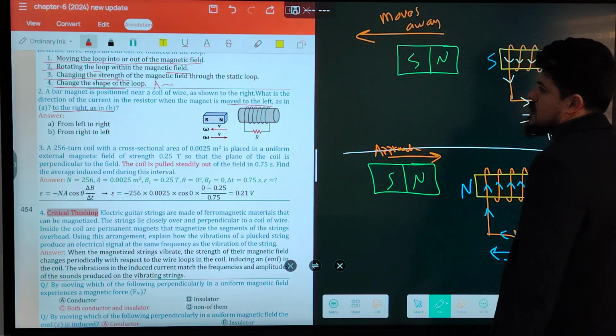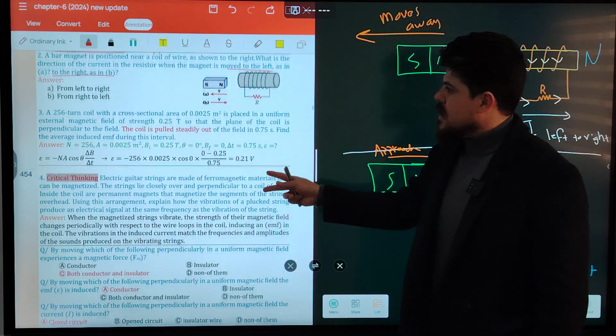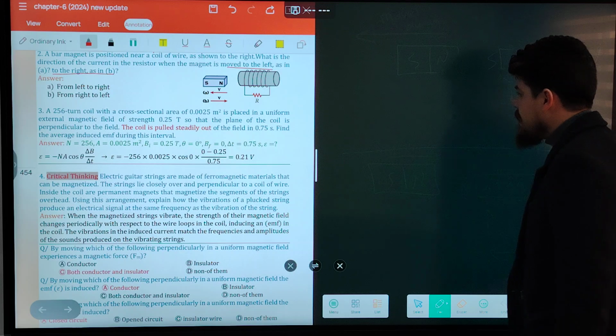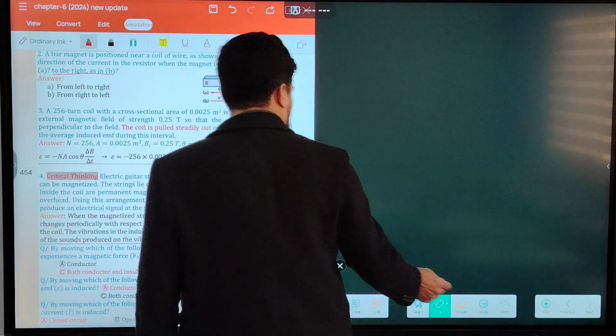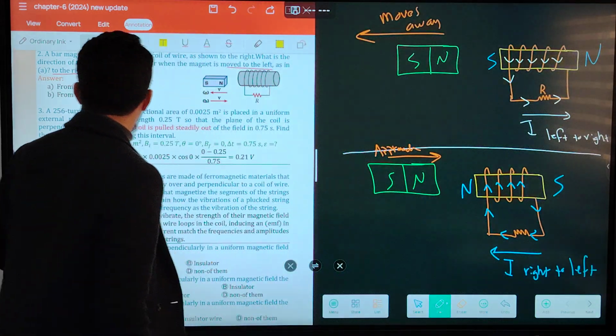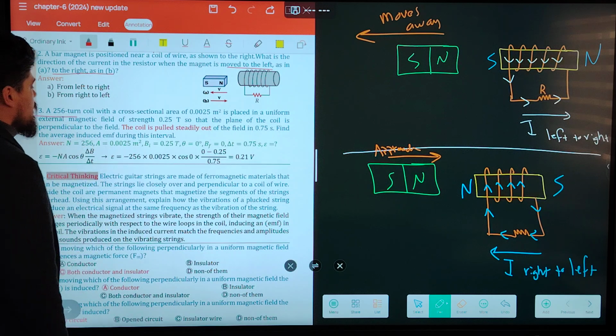One of the very good questions. Be careful. Question 3: the number of turns is 256 turns.